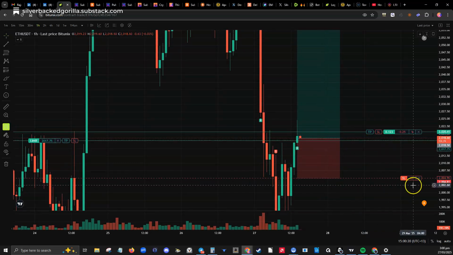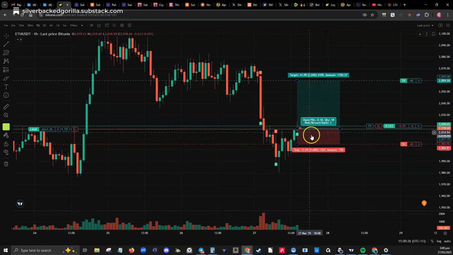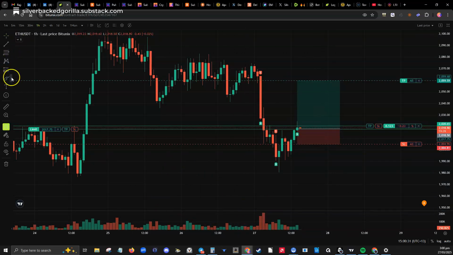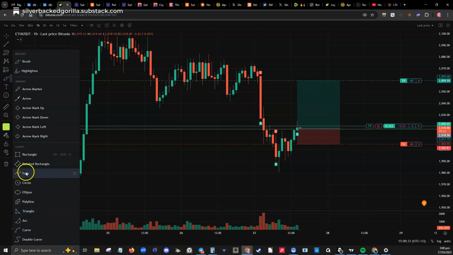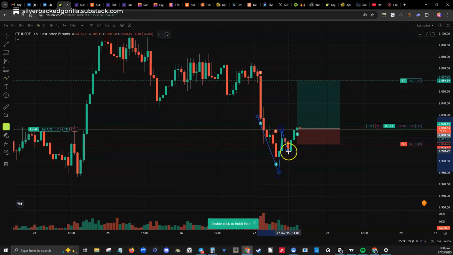Looks like we might get filled down there. If we go down and retest down here and go up, I want to just basically show you what I like to see. Okay, so we've got this situation going down here. We've got this up here, coming down there, up there.